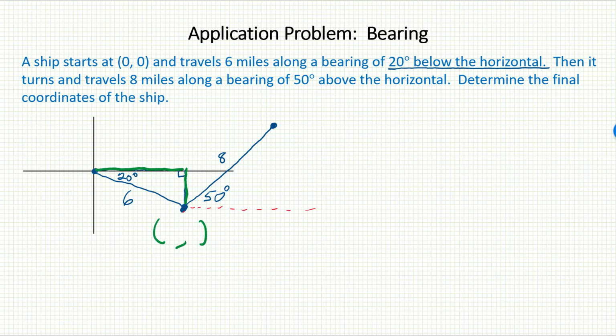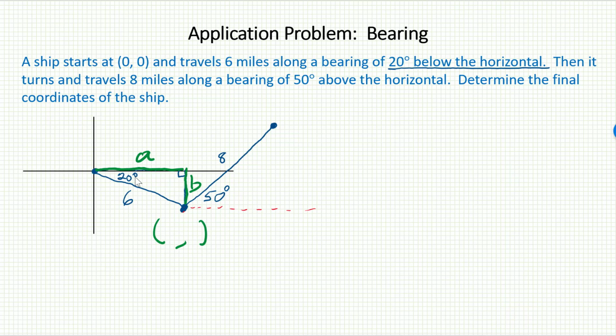Well, this is where trigonometry helps me. I've got a right triangle, I've got one angle inside it, the 20 degrees, and I've got the 6 as the hypotenuse. How about I label these A and B? To find A and B, I can set up a couple of trig equations. The cosine function would link up the 20 degrees with the adjacent side and the hypotenuse.